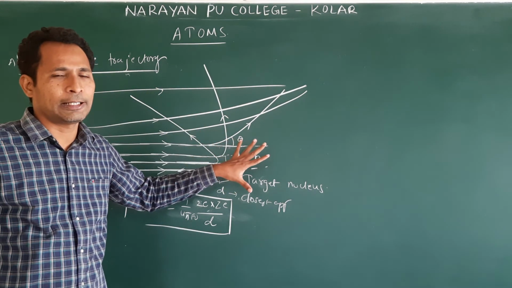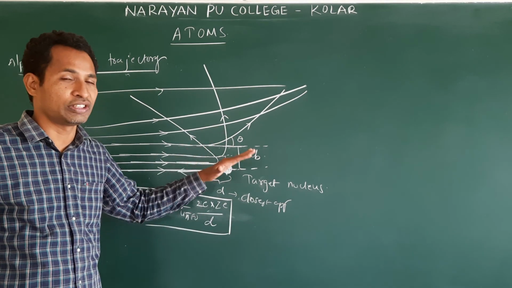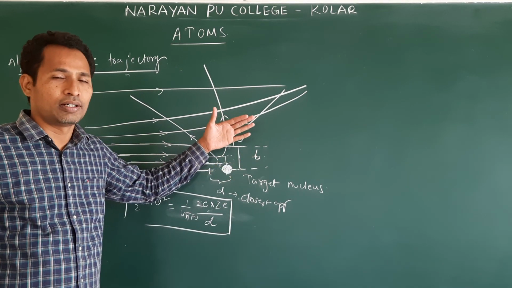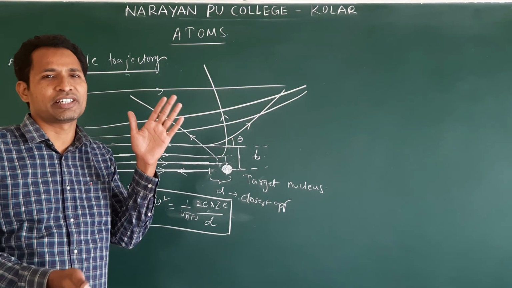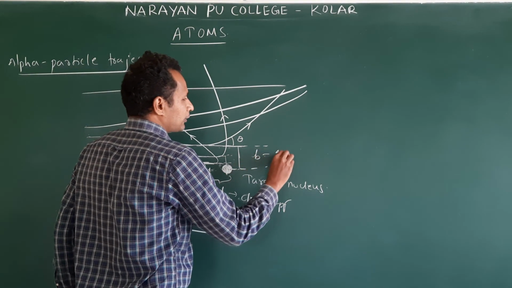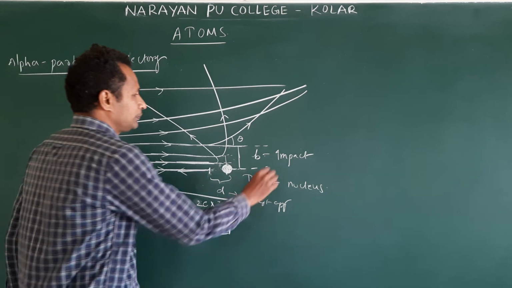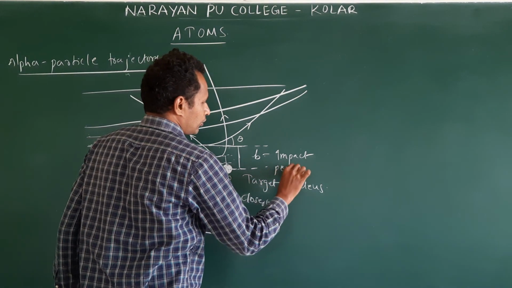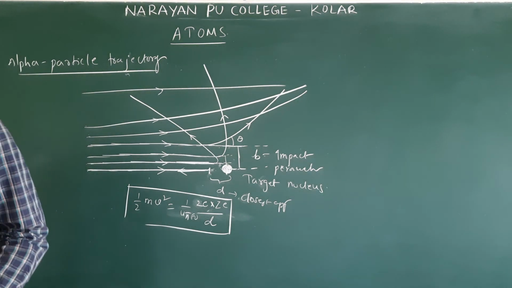So the impact parameter is the perpendicular distance from the center of the nucleus to the initial velocity direction. If the impact parameter is large, then what is it? Impact parameter. Clear? Impact parameter.